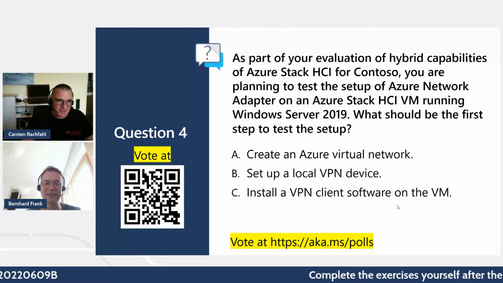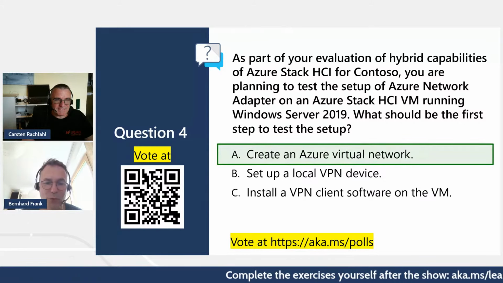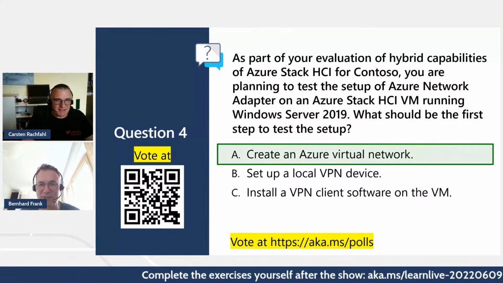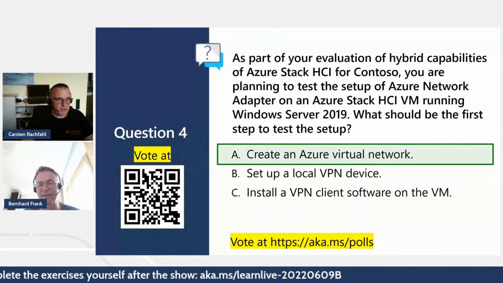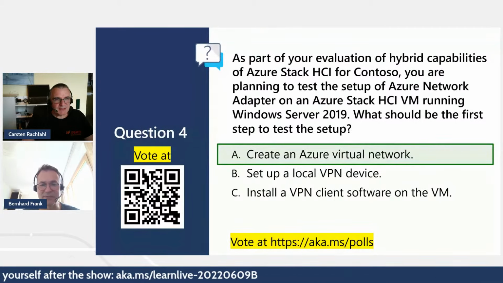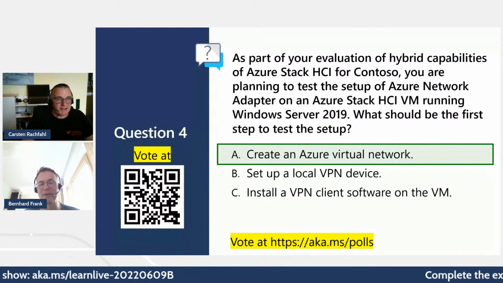You need to have the network before testing, right? So the Azure Virtual Network must exist before that. Maybe there's one caveat to this.